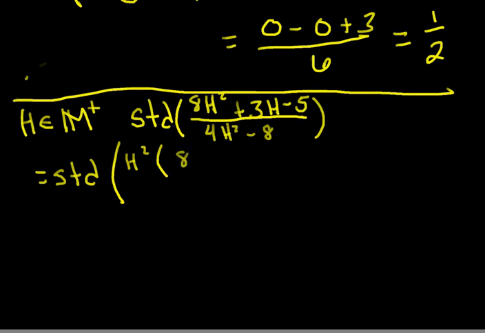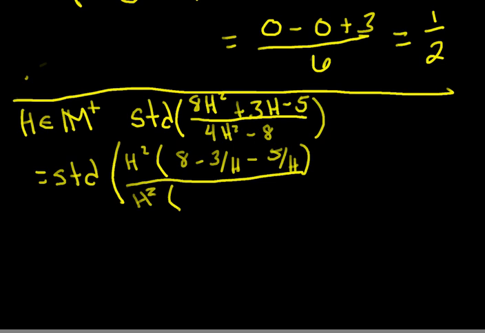And I get an h minus 3 over h minus 5 over h. And then on the bottom, I'll still factor out the h squared. And I get 4 minus 8 over h squared. These guys cancel, which is why I factored it out.